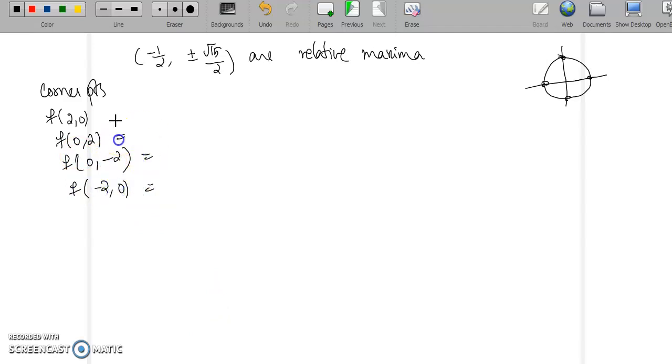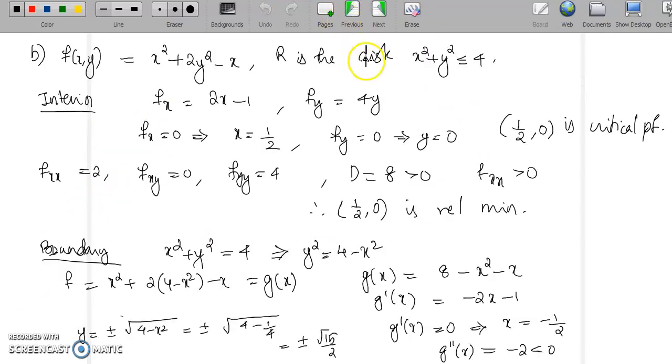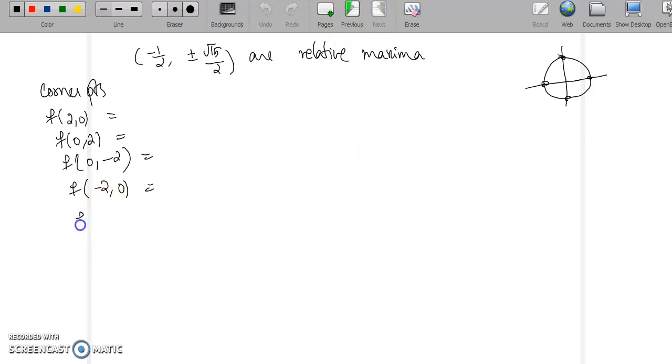So we need to evaluate all these values, and together with that the first point we got, 1 by 2, 0. So f of 1 by 2, 0, and then f of minus 1 by 2, root 15 by 2, and f of minus 1 by 2, minus root 15 by 2.